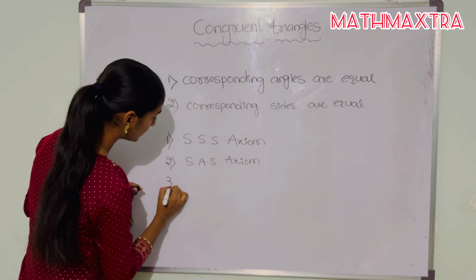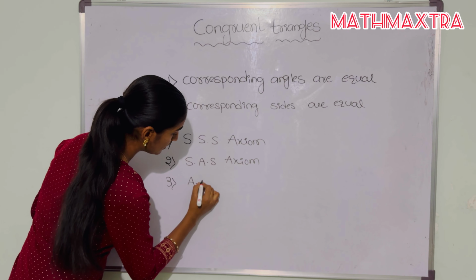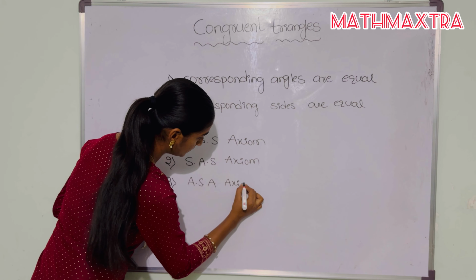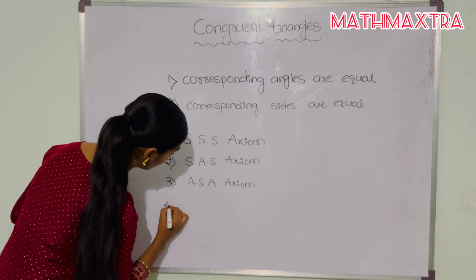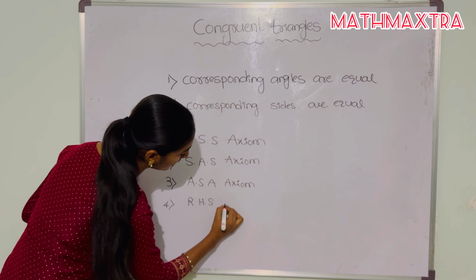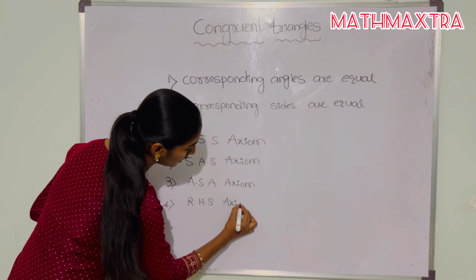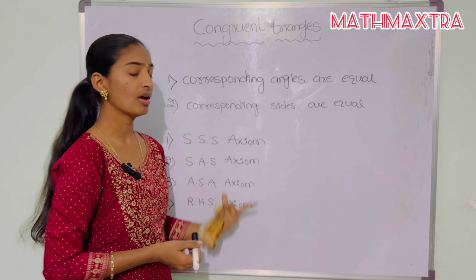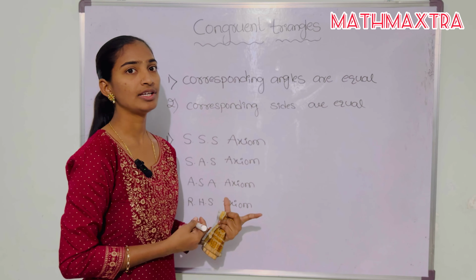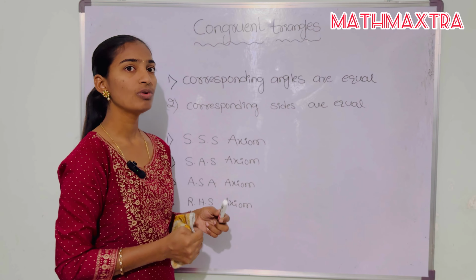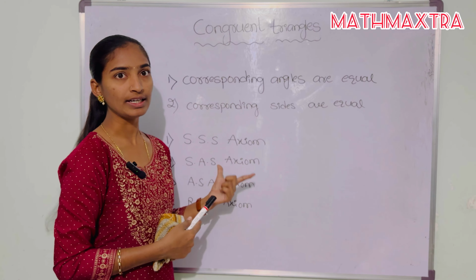The third one is angle, side, angle axiom. And the fourth one is right angled hypotenuse side axiom. These are the four axioms or sufficient conditions to check congruency of triangles. Now we'll discuss one by one in detail.